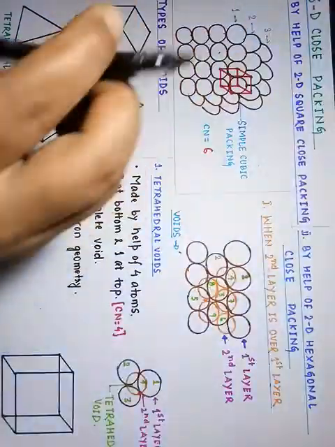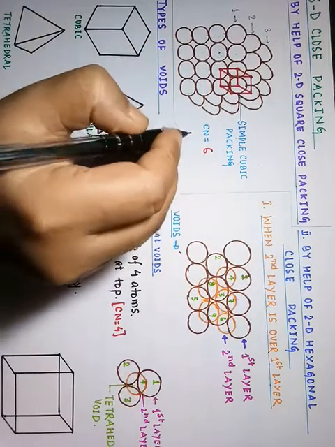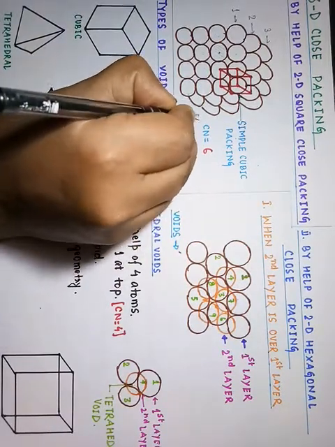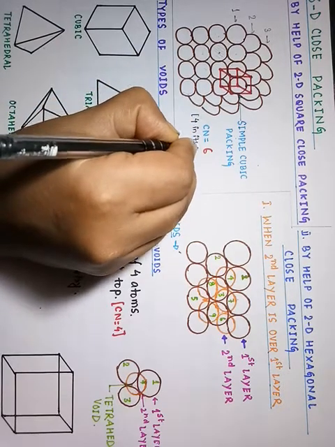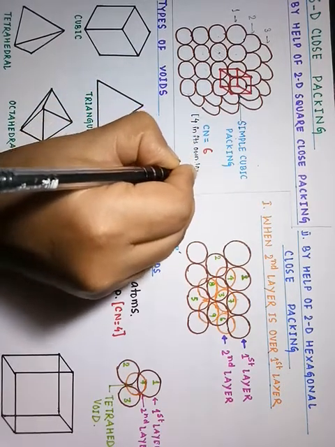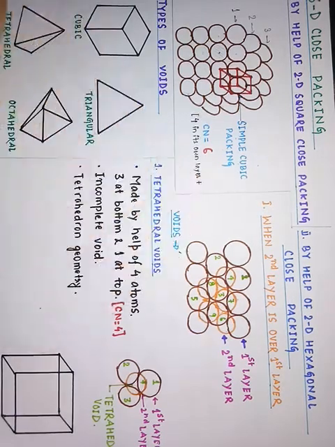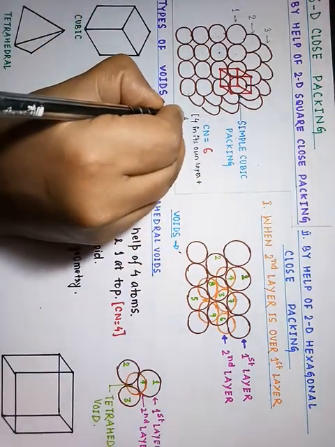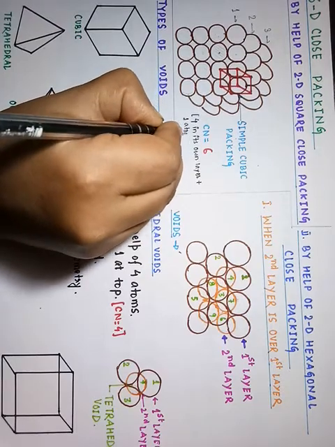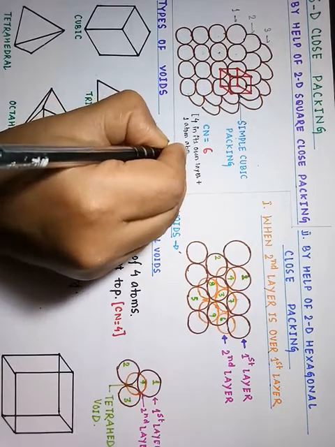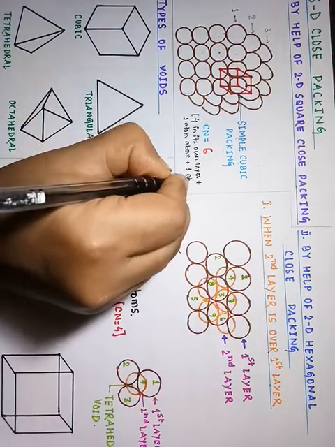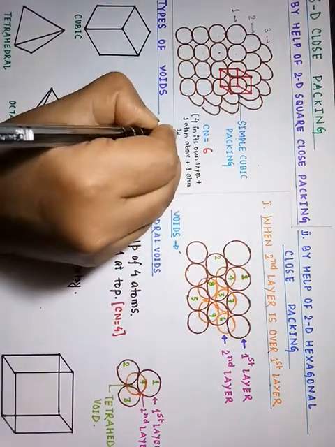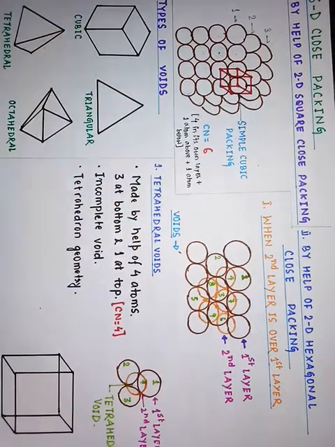So how are we getting 6? 4 atoms in its own layer, plus 1 atom above from the upper layer, plus 1 atom from the layer below. So coordination number of 6.